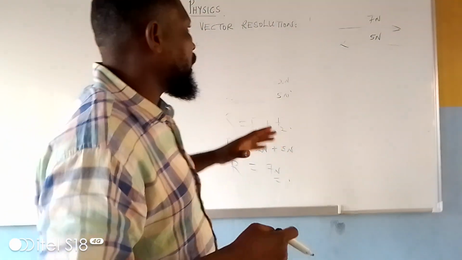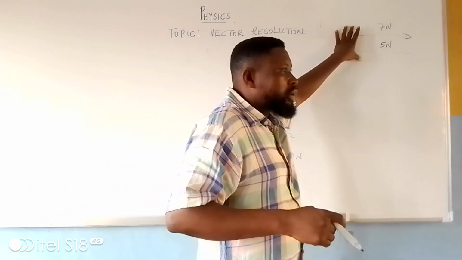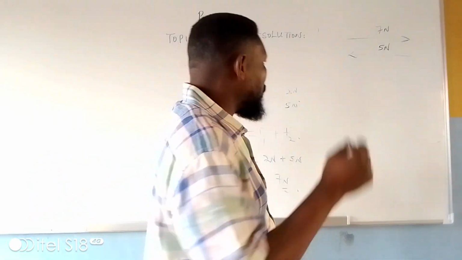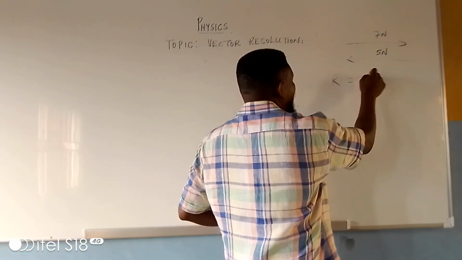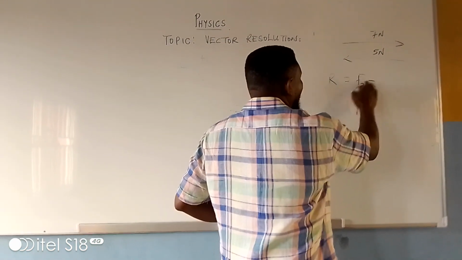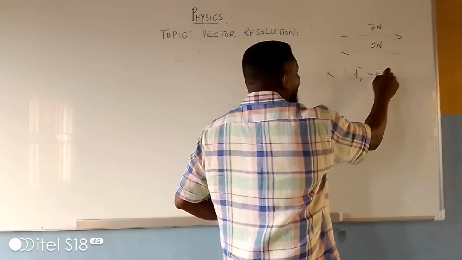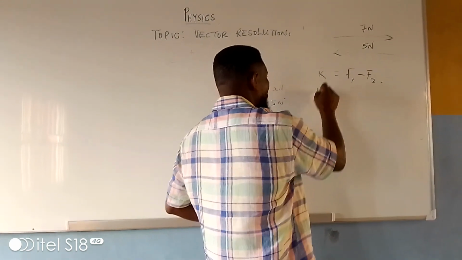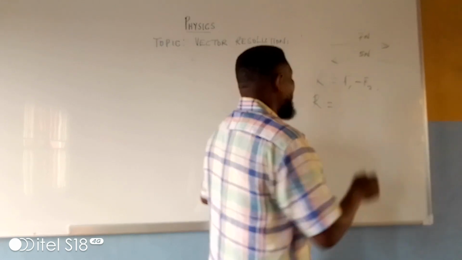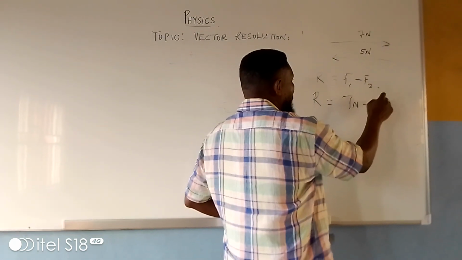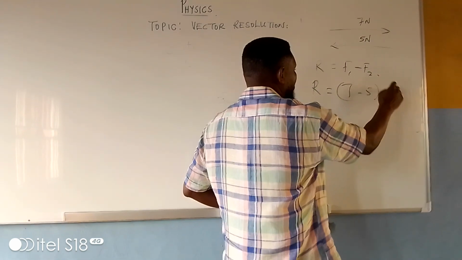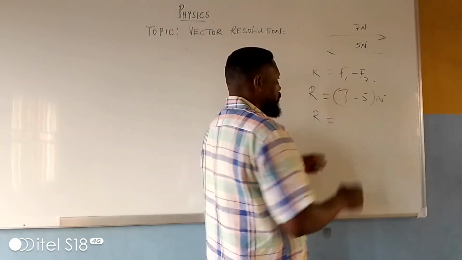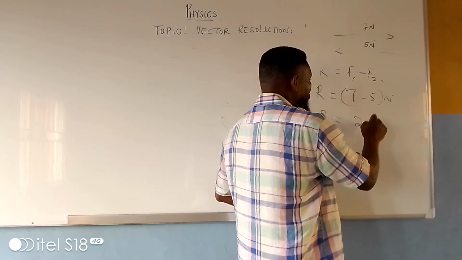How do you find the resultant of these two forces? Again, we do R equals F1 minus F2. So your resultant force will be 7 Newton minus 5 Newton. Of course, your R becomes 2.